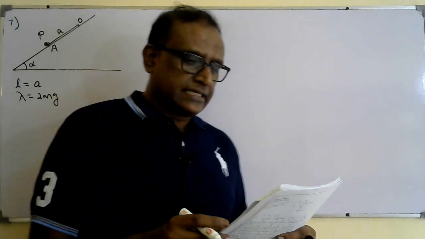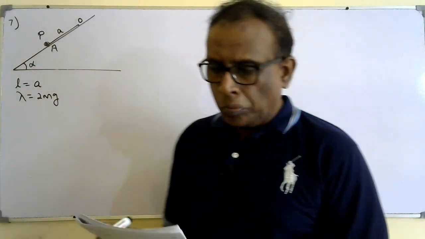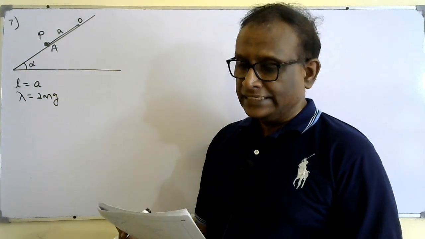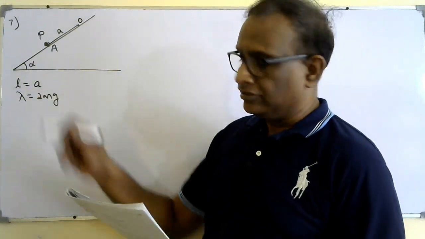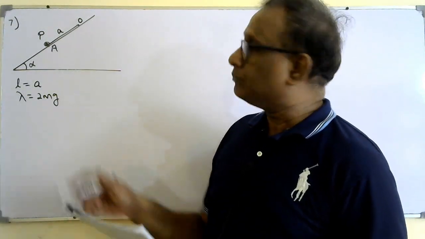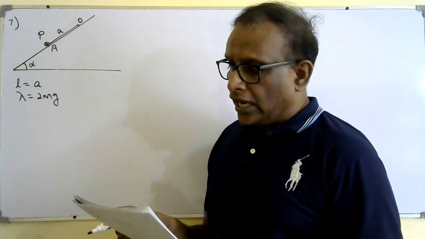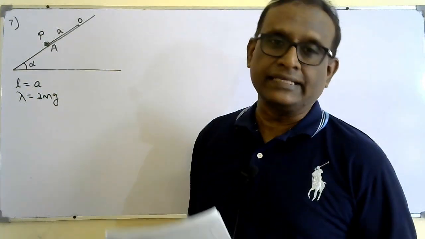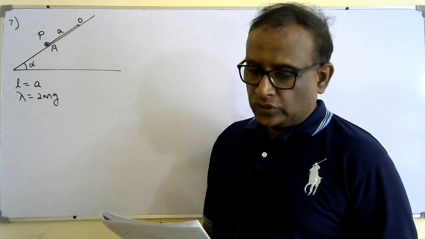The other end of the string is attached to a fixed point O on a rough plane. So there will be friction when the particle moves. The plane is inclined to the horizontal at an angle alpha. The particle P is held at rest on the plane at point A, where OA equals a. That means this distance is equal to the natural length, as shown in the figure.